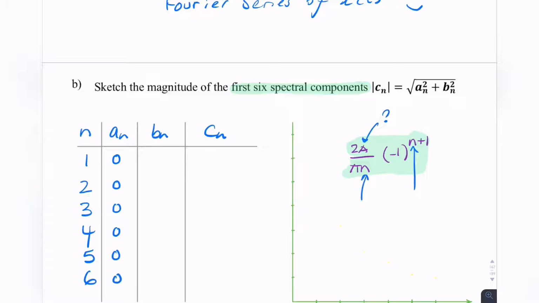If you put these in your calculator, for n equals 1, you get 0.637.